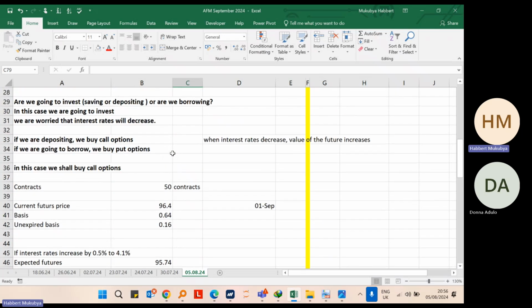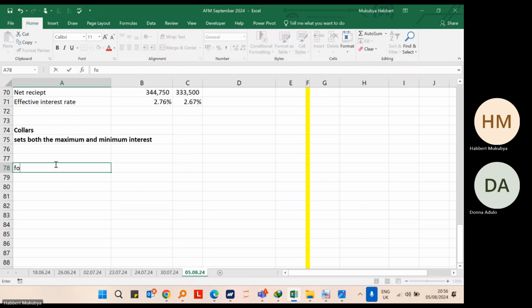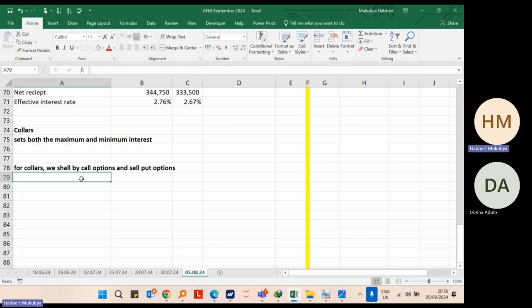Since we are buying call options, for collars we shall buy call options because that's what we need to hedge our transaction, but also sell put options. That's how the collar works. Buy call options, but also sell put options.